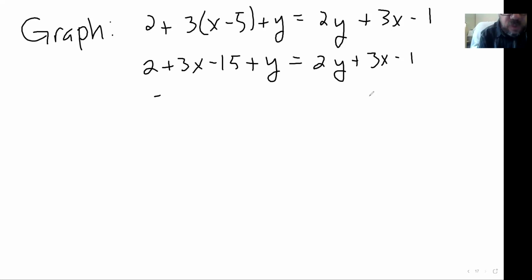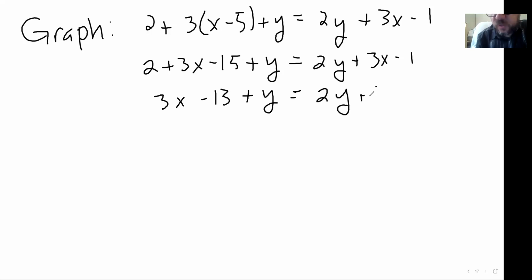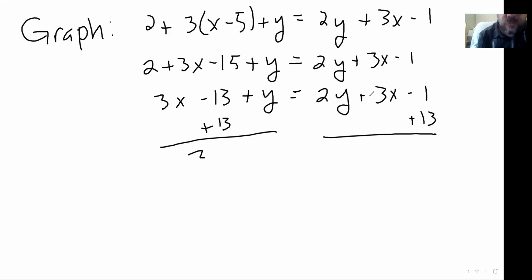We're going to have 3x minus 13 plus y equals 2y plus 3x minus 1. Sorry, I just wanted to get to the good stuff quicker. So let's do what I did before. Move the numbers over. I'll add 13 to both sides: 3x plus y equals 2y plus 3x plus 12.